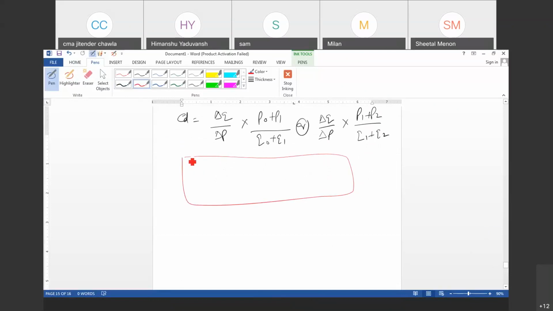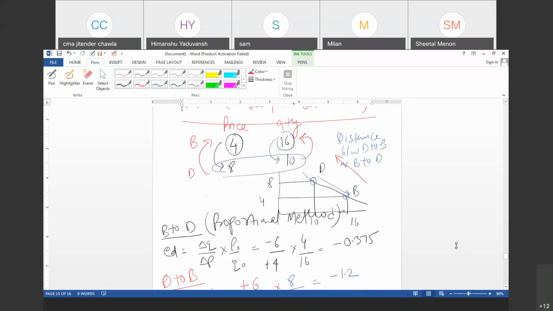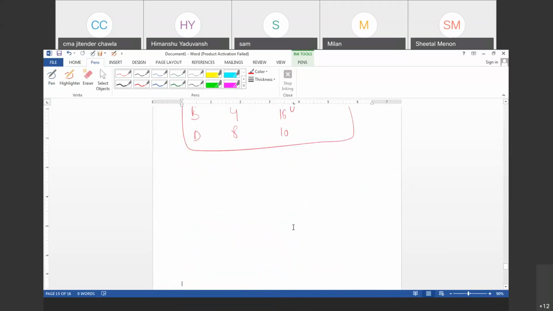Point B and D, price and quantity: 8 and 10, 4 and 16. Okay, let's do it again. First, what is the first direction? It is from B to D.